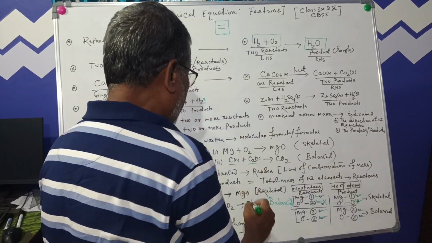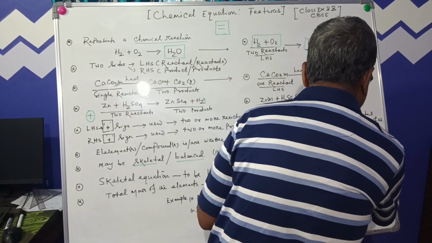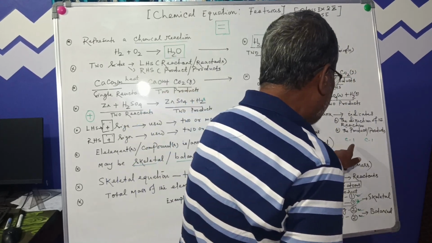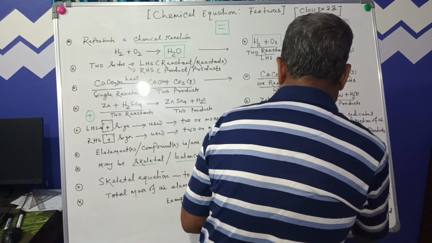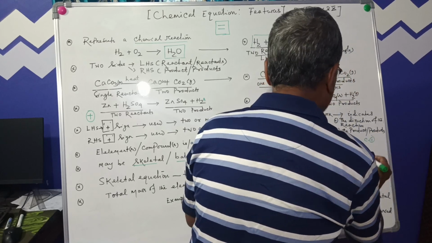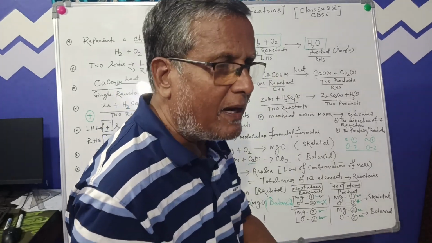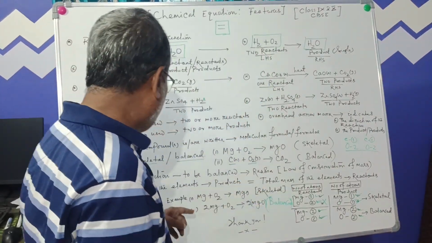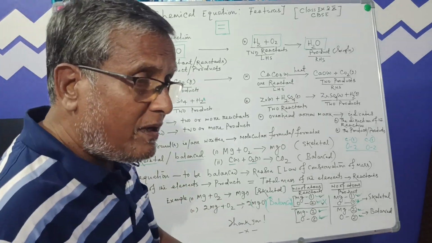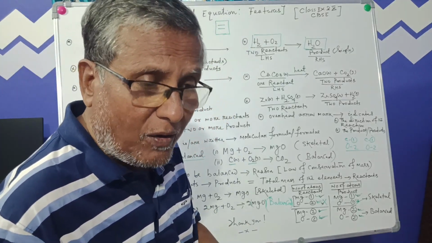Now count: reactant side carbon 1, product side carbon 1, and oxygen on the reactant side 2 and product side also 2. This equation is already balanced, not skeletal. So chemical equations may be skeletal or balanced.